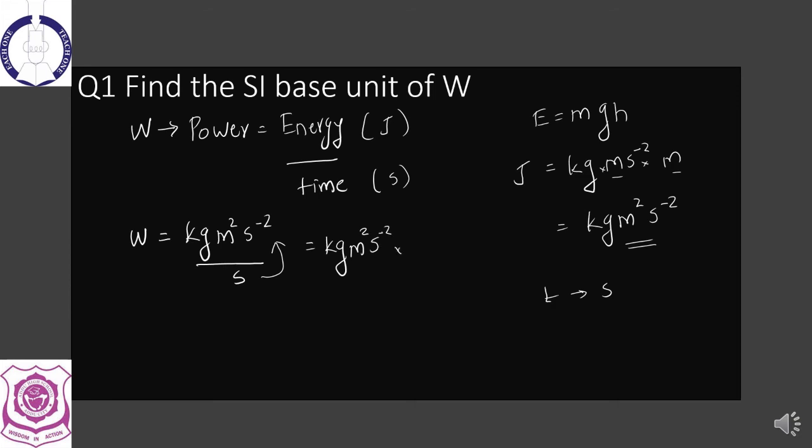The base is the same, so you can add the powers. So s to the power minus 2 plus minus 1. I get watts as kilogram m square s to the power of minus 3. So this is how you will be writing watt in the base units.